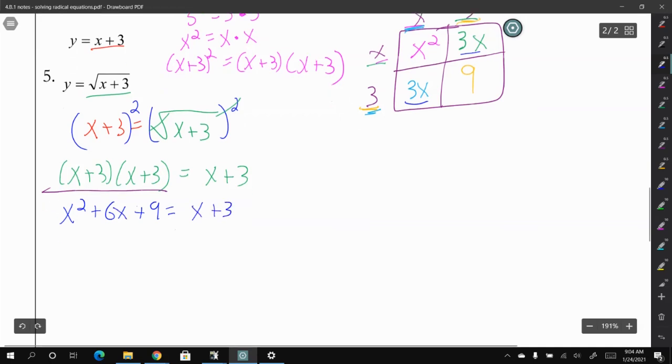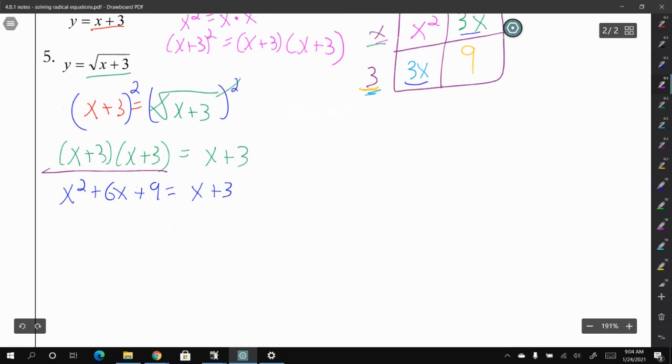So now I'm going to simplify this. Subtract x from both sides. Subtract 3 from both sides. So we get x squared plus 5x plus 6 equals 0.